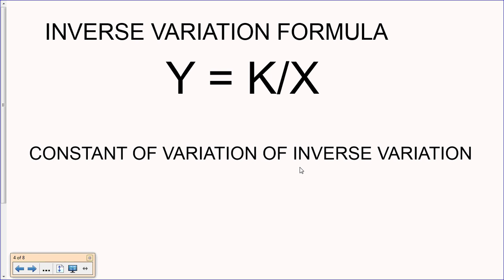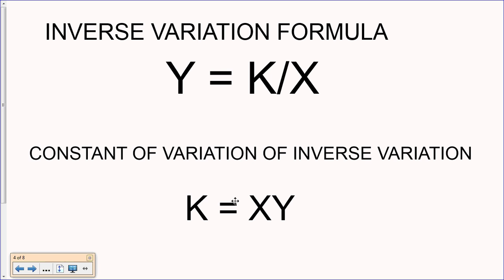So the constant of variation of inverse variation, it still means k, but we find k from this formula a little bit differently. So instead of dividing by x like we do with direct, we have to multiply by x to get it out of the denominator. So k is actually found by multiplying x times y. And just like with direct was a certain ratio, with inverse, it's always going to be a certain product.